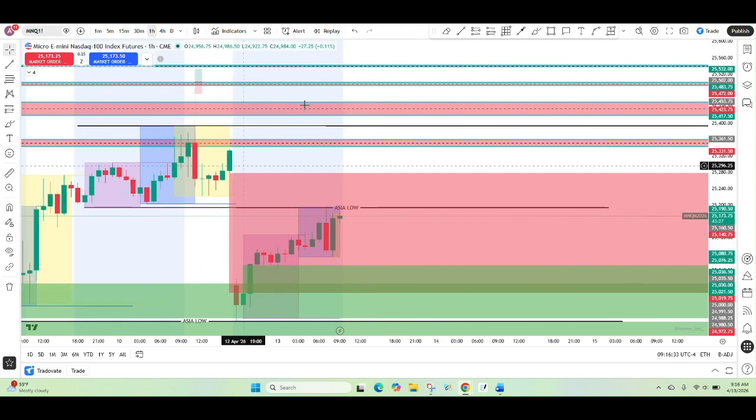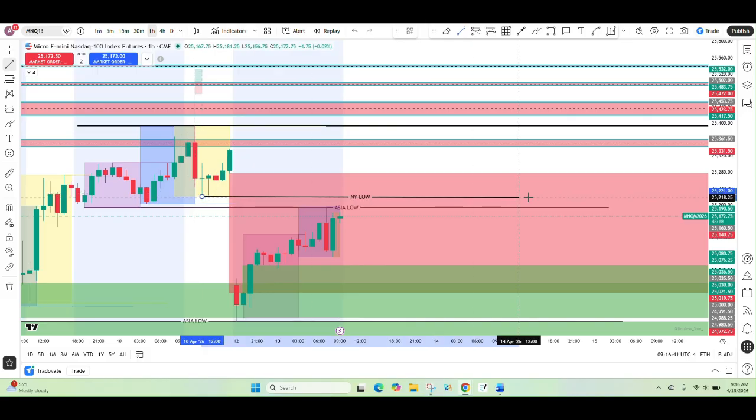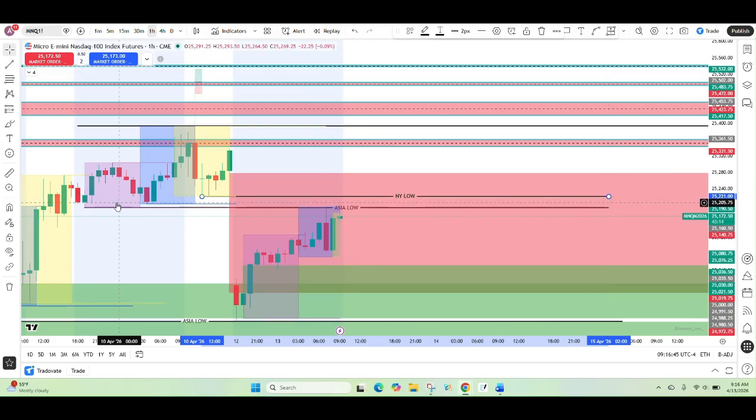The previous New York low, we can mark that out. Previous London low, that can be marked out.